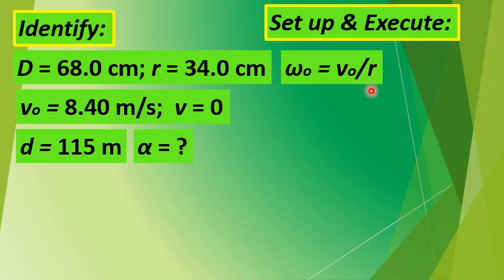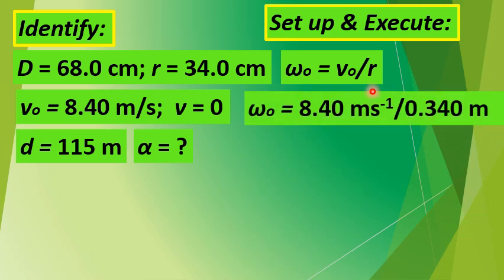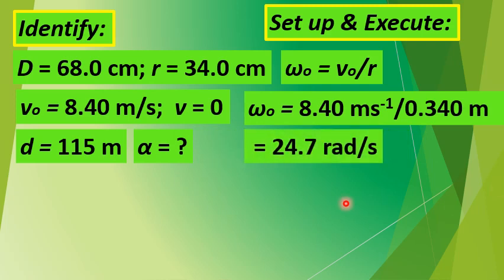That is, omega naught equals 8.40 meters per second divided by 0.340 meters. Doing our math, we get the initial angular speed equal to 24.7 radians per second.